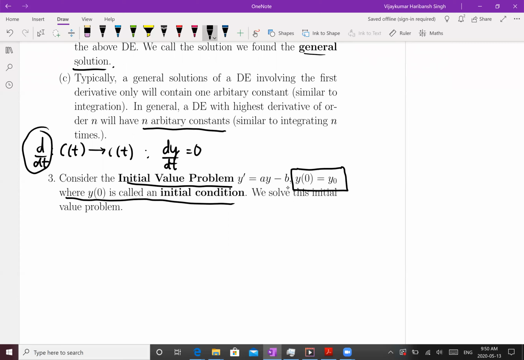So we have already solved earlier y' = ay - b and y(0) = y0. This is what is called an initial value problem, IVP for short. So this is basically a differential equation plus an initial condition.